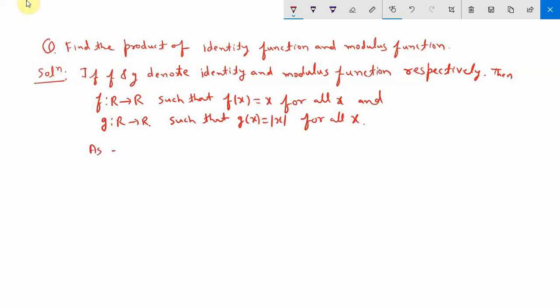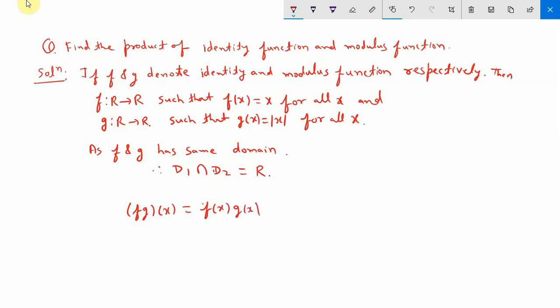So as f and g have the same domain, therefore D1 intersection D2 is equal to R, all real numbers. So we can define the product as (f·g)(x) = f(x) into g(x), and this is x into mod x.